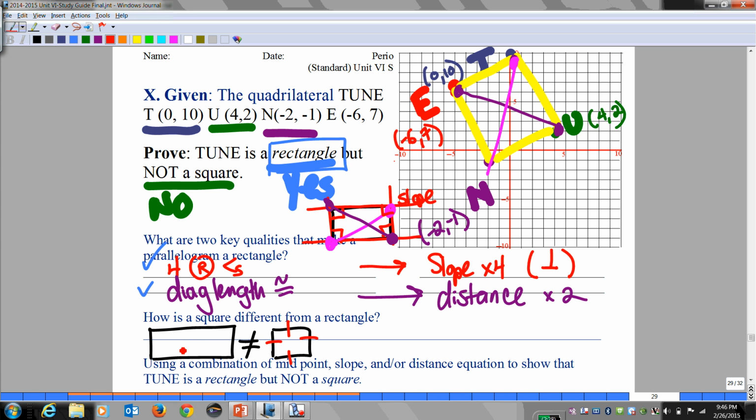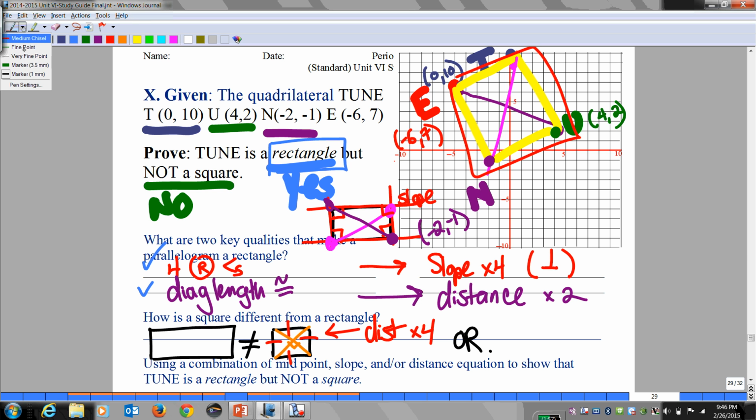A rectangle does not. A square also has diagonals that make a right angle, and a rectangle does not. So to show the sides are not equal, I'd have to do the distance equation times 4 all the way around, and it would prove that that's not a square.